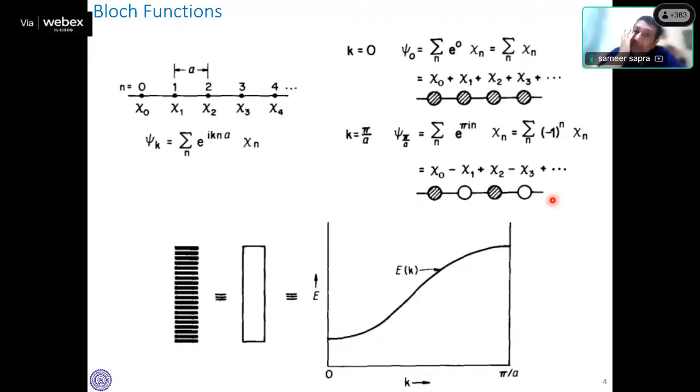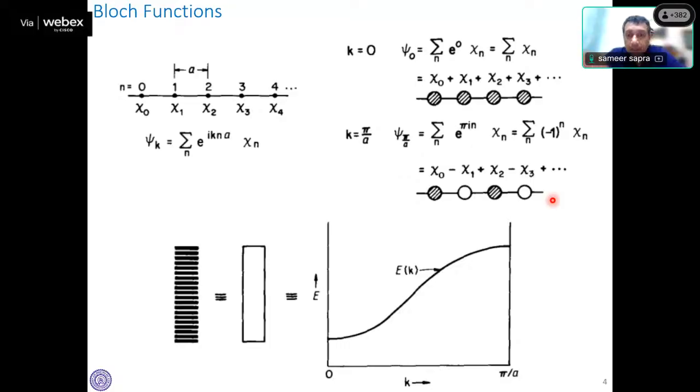k is my wave vector, n is a number which represents the index of the atom or the atomic orbital, as you wish to say. a happens to be my lattice spacing.